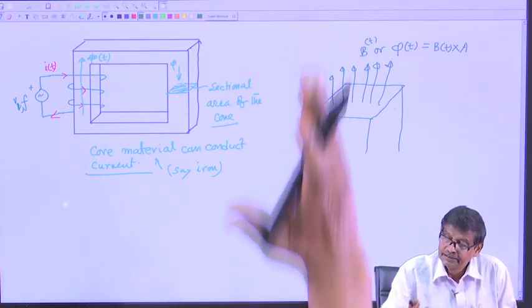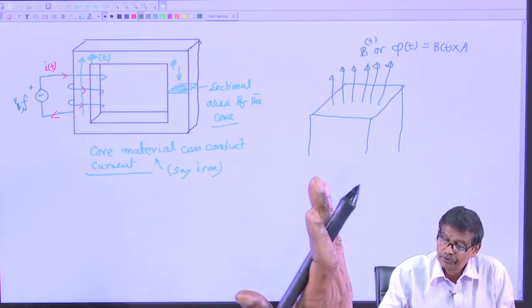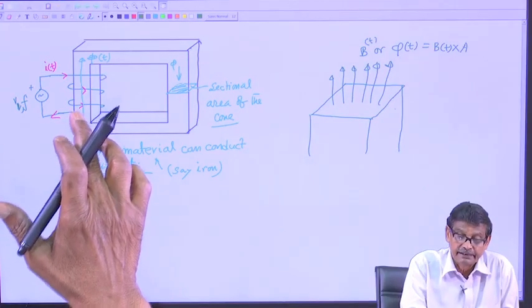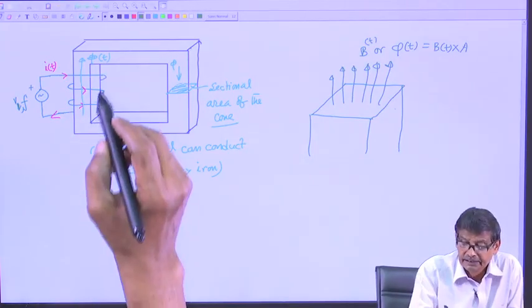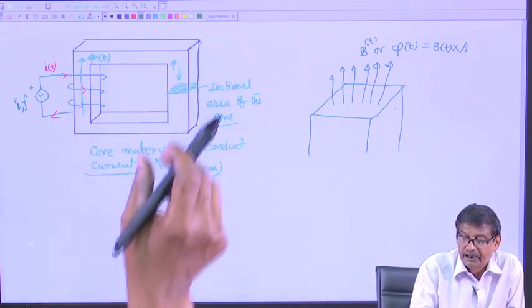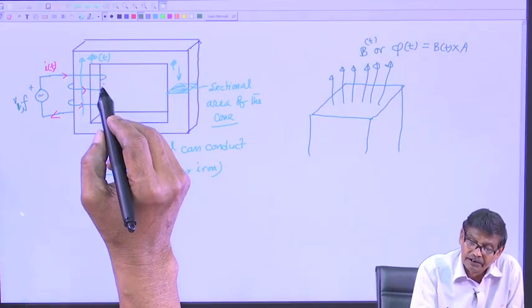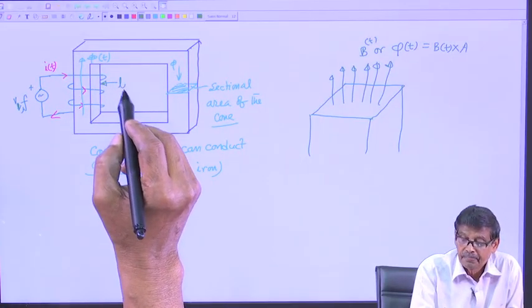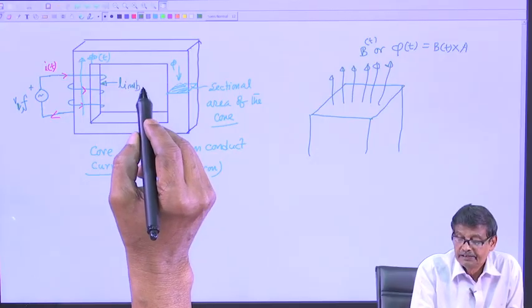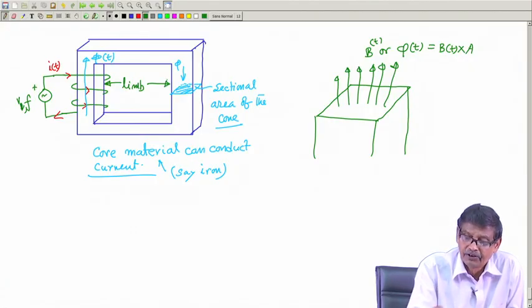So, there is a time varying flux. Sometimes flux will go to the left hand side. Incidentally, this vertical part of the core material is called a limb. This is also a limb, and these horizontal portions are called yoke.